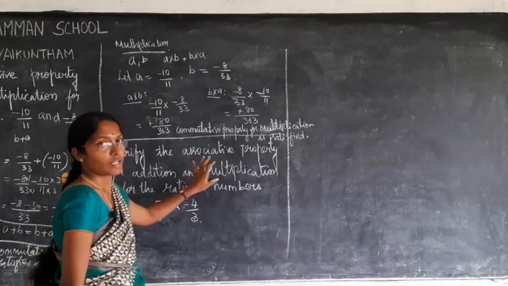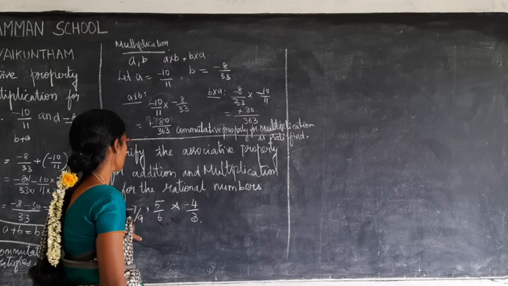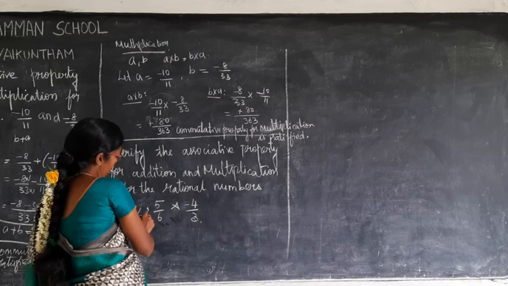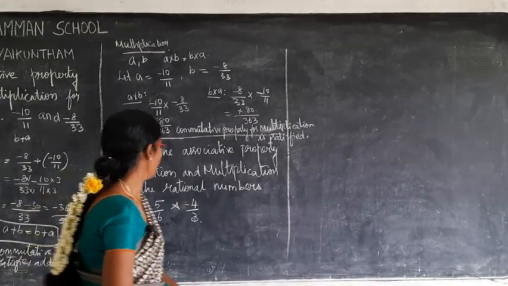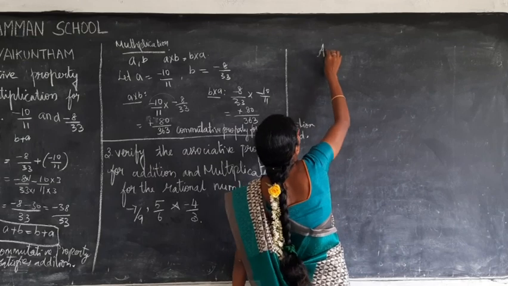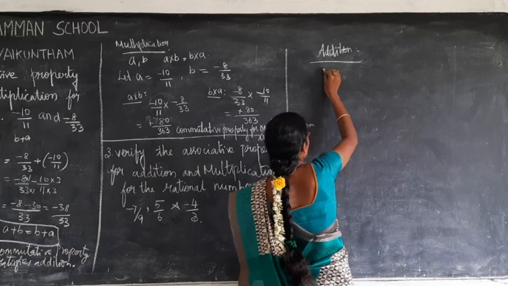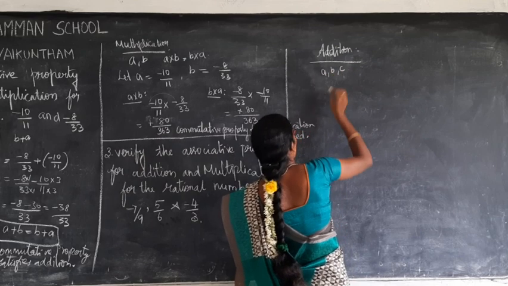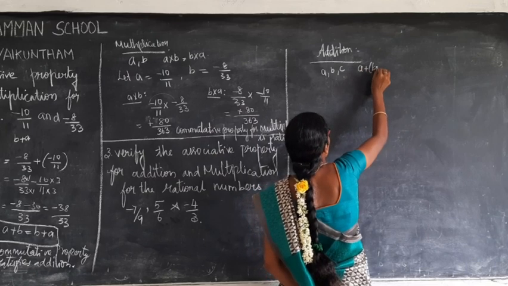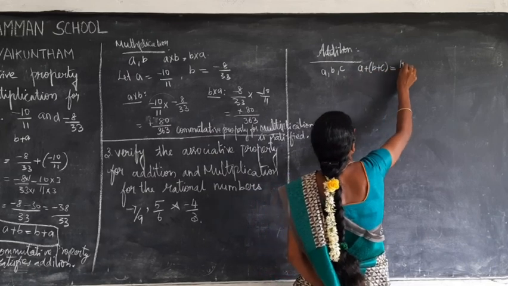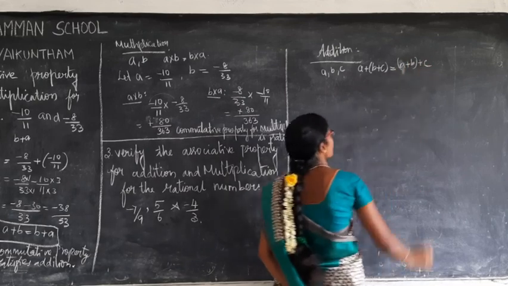Okay. Verify the associative property for addition and multiplication for the rational numbers minus 7 by 9, plus 5 by 6 and minus 4 by 3. So what is the associative property? For any three rational numbers a, b, c, for addition, a plus (b plus c) is equal to (a plus b) plus c.